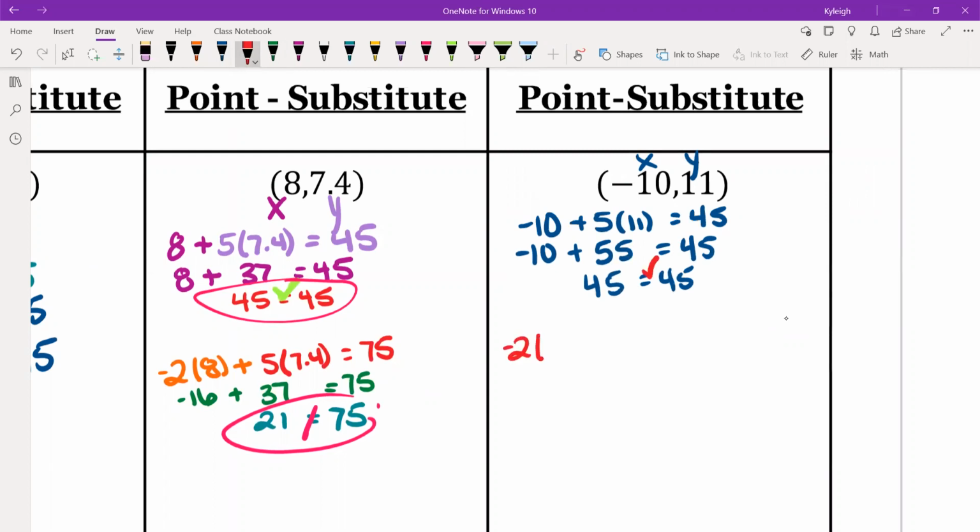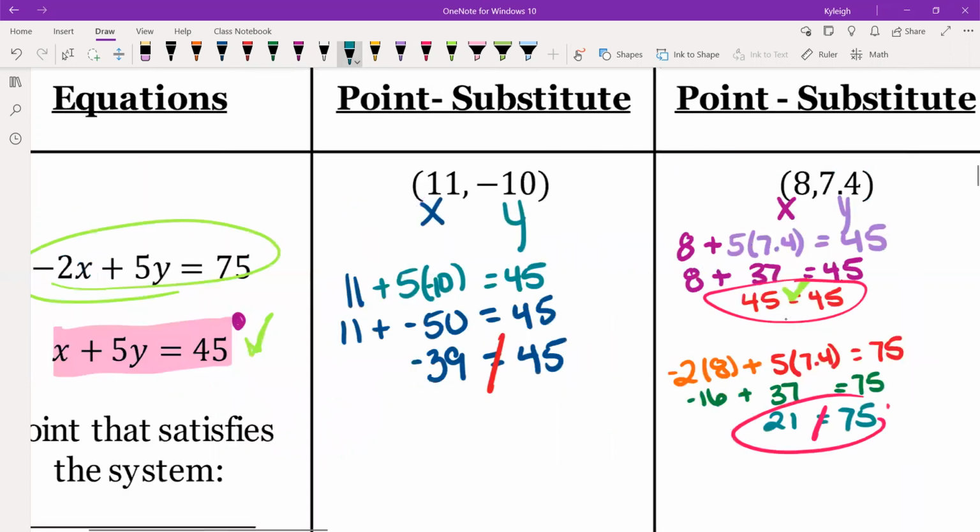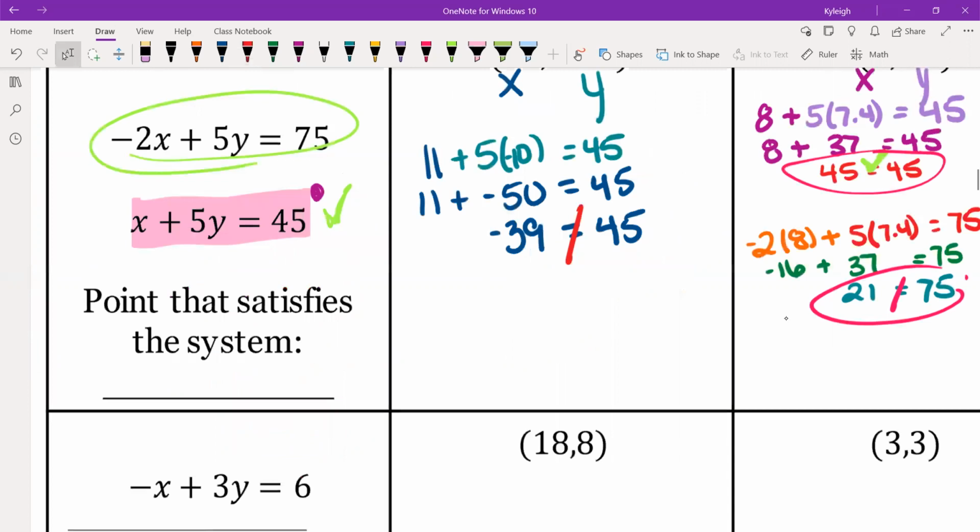So it's negative 2 times negative 10 plus 5 times 11 equals 75. And negative 2 times negative 10 is 20 plus 55 is 75 equals 75. That is true. So since they are both true, then this point satisfies. So which point satisfies the system? Negative 10, 11.